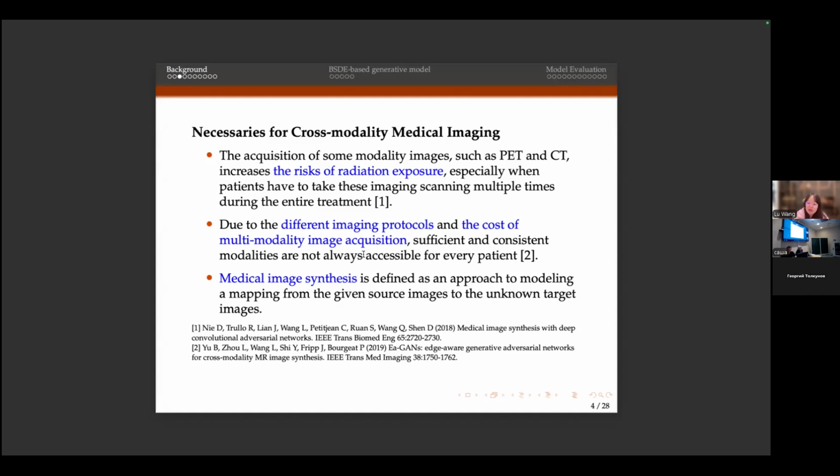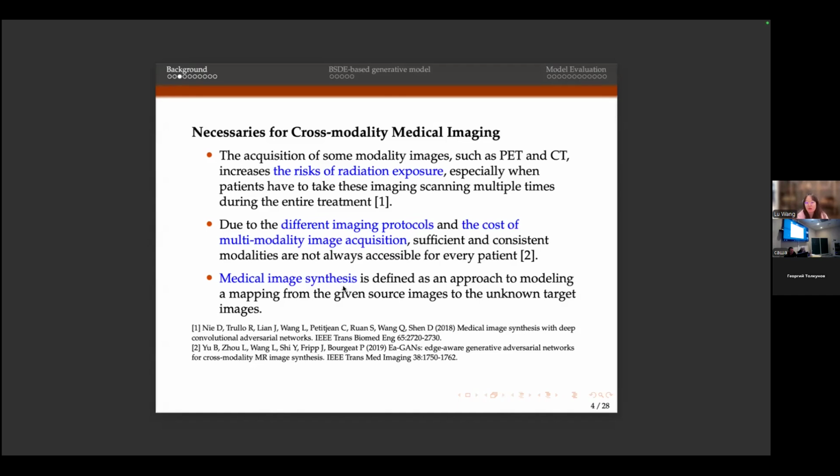Second, due to the variation in imaging protocols and the high cost associated, it is often impractical to ensure that every patient receives a full set of imaging modalities. So this may result in missing or inconsistent data across different cases. To address the above challenges, medical imaging synthesis provides a powerful solution.